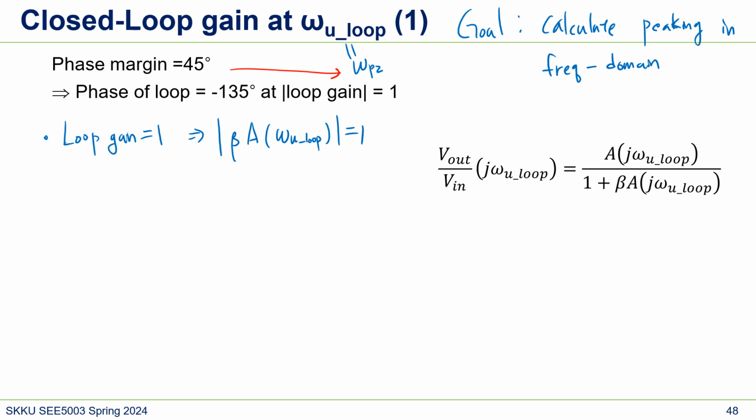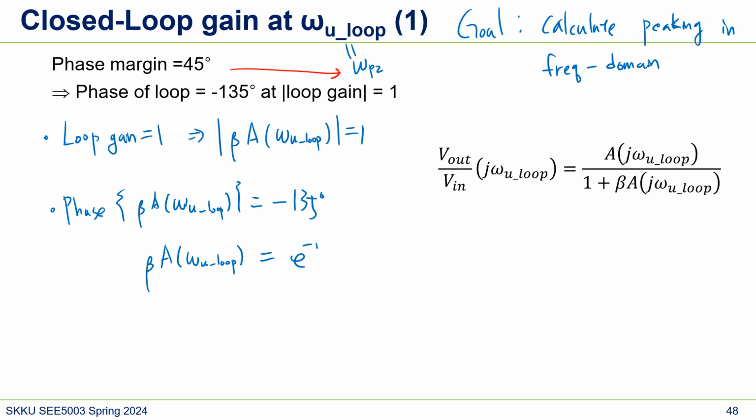And the phase of beta A at omega U loop is minus 135 degrees, so as a complex number it is e to the minus j 135 degrees. Let's follow the calculation here.